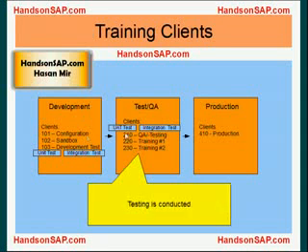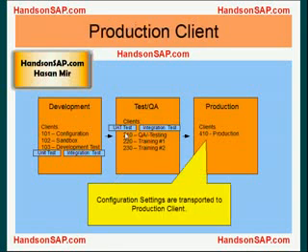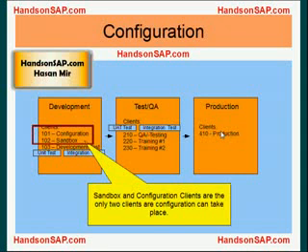Now testing is conducted, and finally configuration settings are transported to the production client, and this is where day-to-day business transactions take place. Just keep this in mind: sandbox and configuration client are the only two clients where access to configuration tables should be allowed.